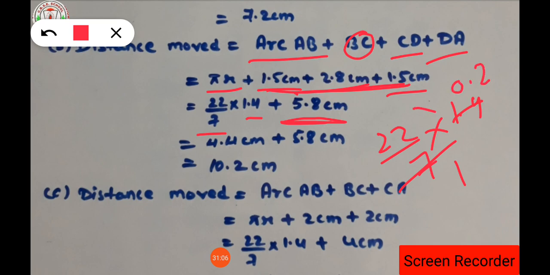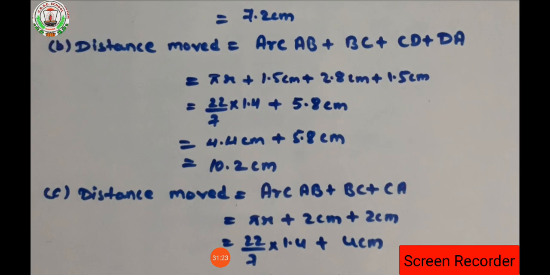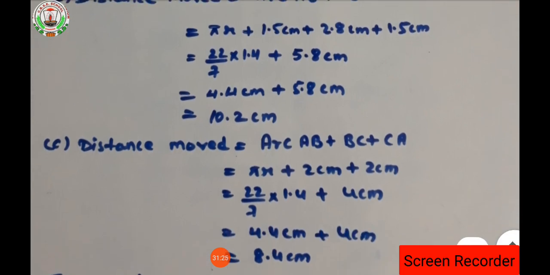Multiplying 22 into 0.2, we get 4.4. So 4.4 added with 5.8 centimeter gives the answer 10.2 centimeter. Clear everyone?